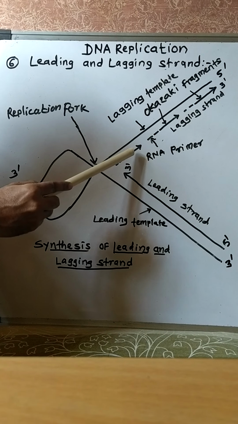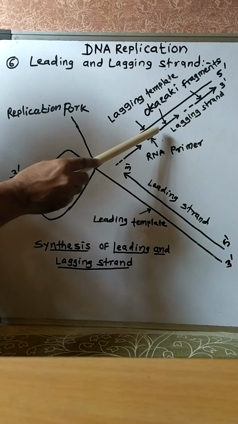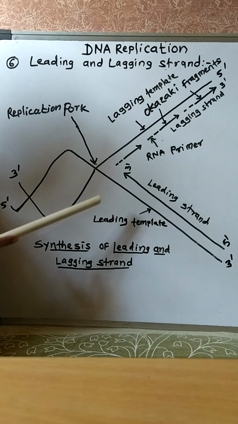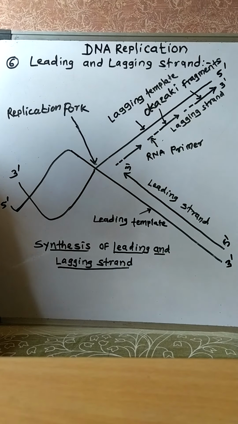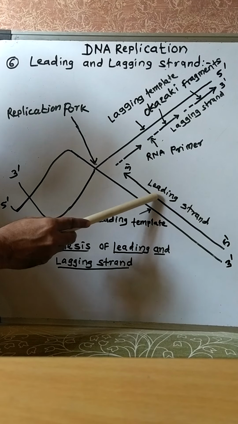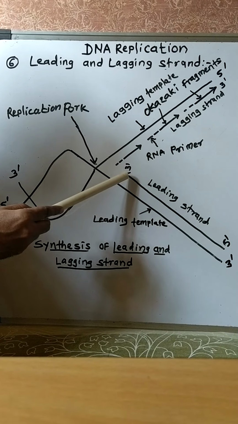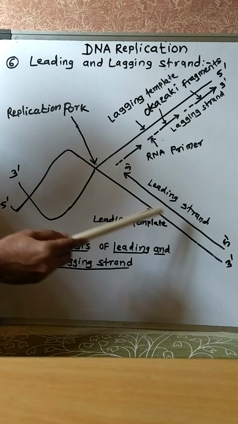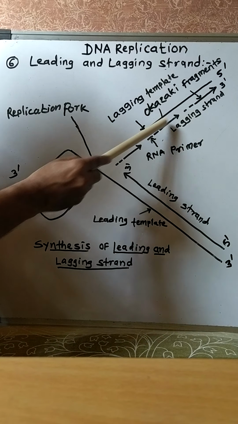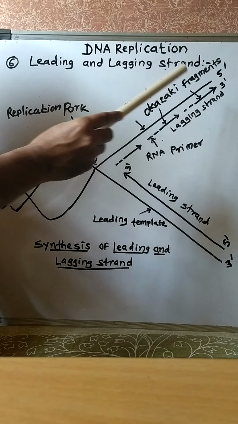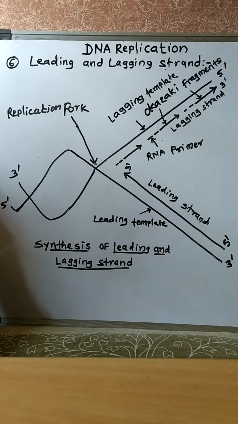New DNA is synthesized in a discontinuous manner, and that type of strand is known as the lagging strand. So the leading strand is synthesized towards the replication fork, and away from the replication fork, the lagging strand is synthesized. In this way, the two strands are synthesized.